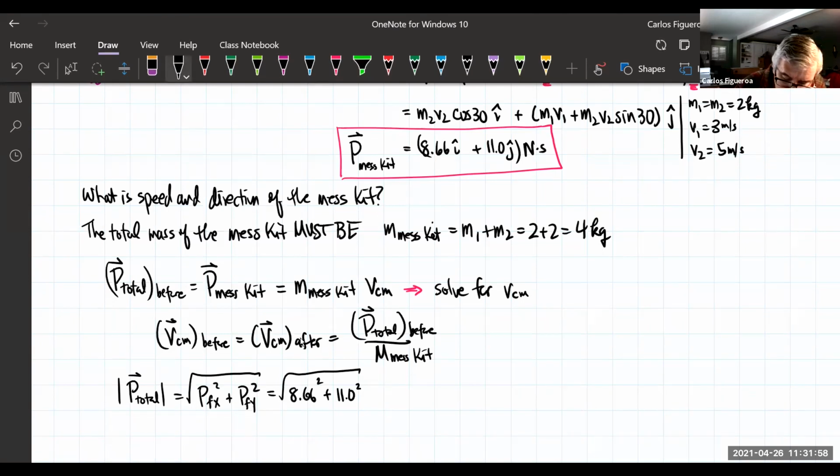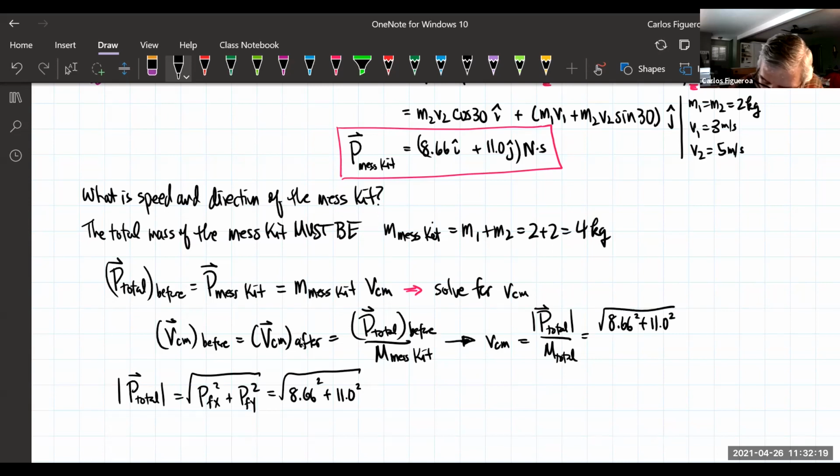And if I calculate this, what I did here is I said V center of mass is going to be the magnitude of the total momentum divided by the total mass. So in this case, it's going to be the square root of 8.66 squared plus 11.0 squared, and then the total mass here was 4 kilograms.